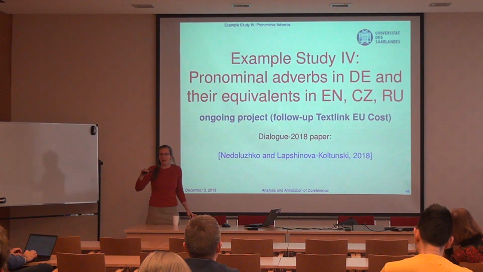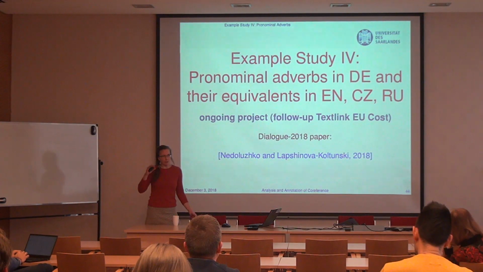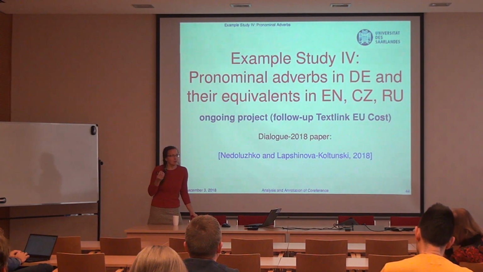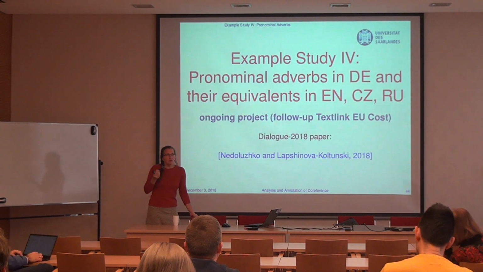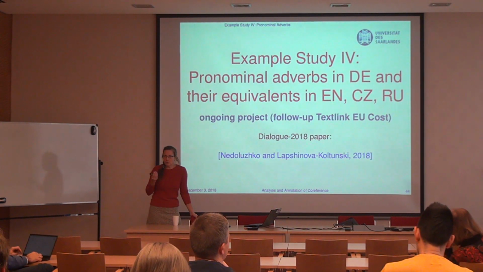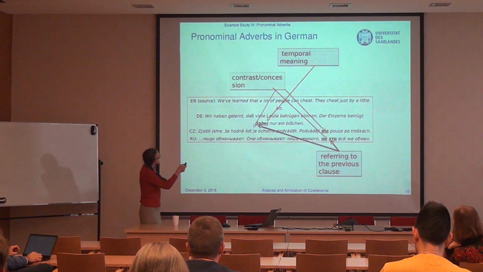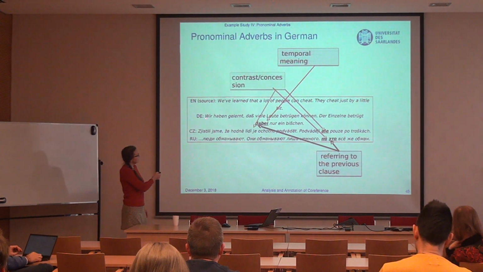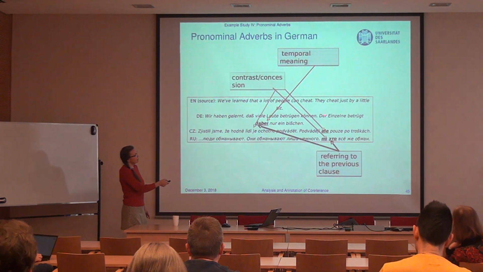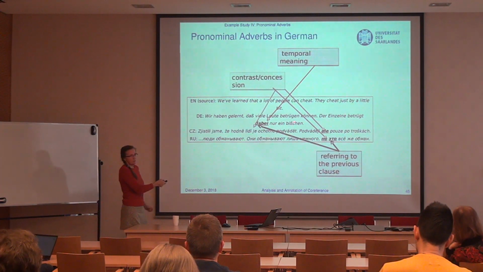So remember these pronominal adverbs. In German, we said, okay, this is an interesting case of a phenomenon which can be either coreference or it can also be a linking element, so it can also be a connective. For example, here, if you have a look at this sentence, "Wir haben gelernt, dass viele Leute betrügen können, der Einzelne betrügt dabei nur ein bisschen."